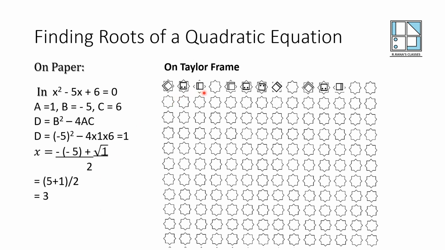X raised to power 2, that is x squared, minus 5x plus 6 was our equation.